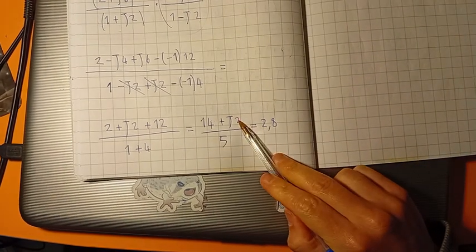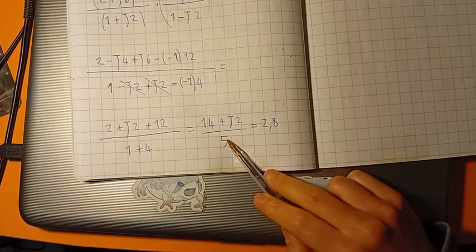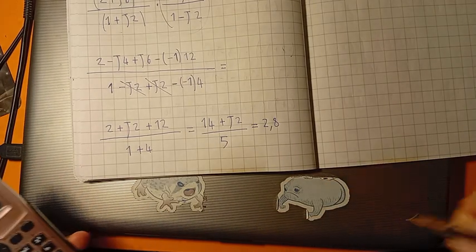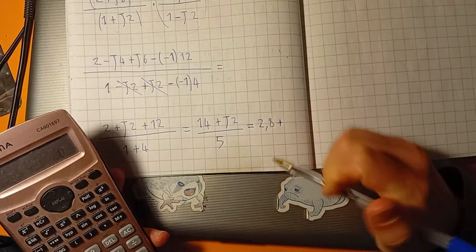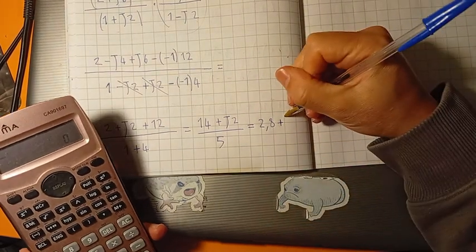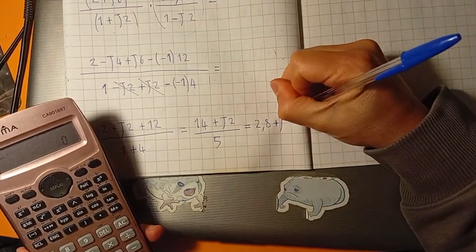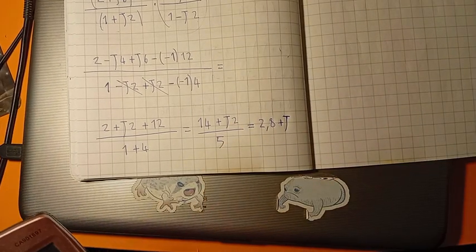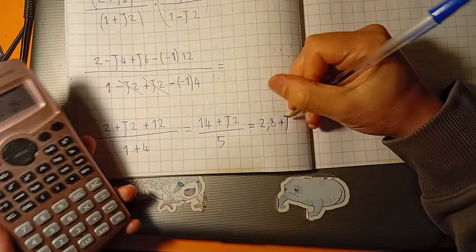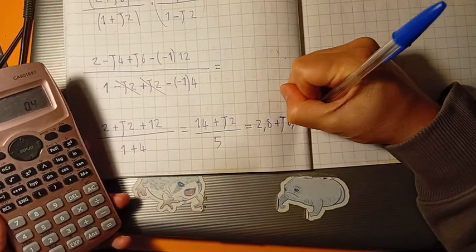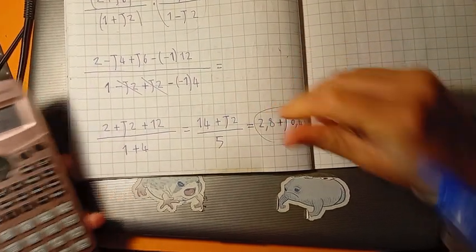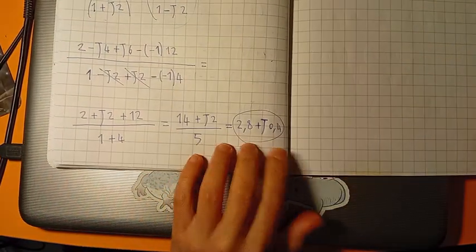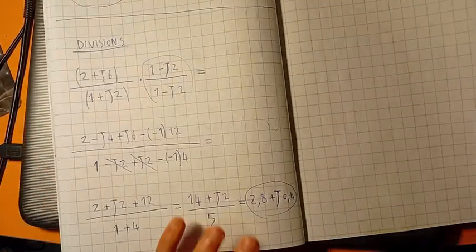And here you have j2 divided by 5. You do 2 divided by 5, you leave the j here, and the result is 0.4. So this is how you do divisions between complex numbers.